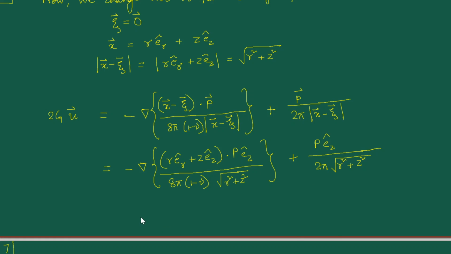We can make a little simplification here by carrying out this dot product. You note that the ER unit vector is perpendicular to the EZ unit vector, so the dot product of that is 0. So what we end up with is EZ from a multiplication between these two, and EZ dotted with EZ is 1.